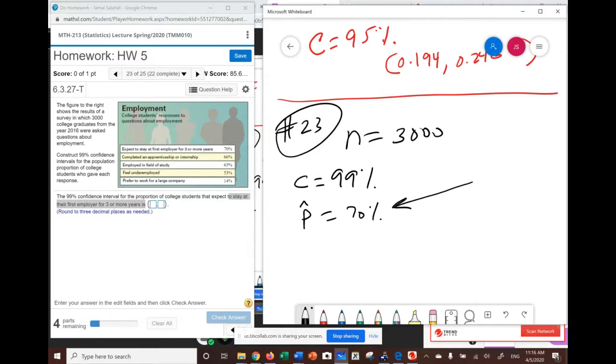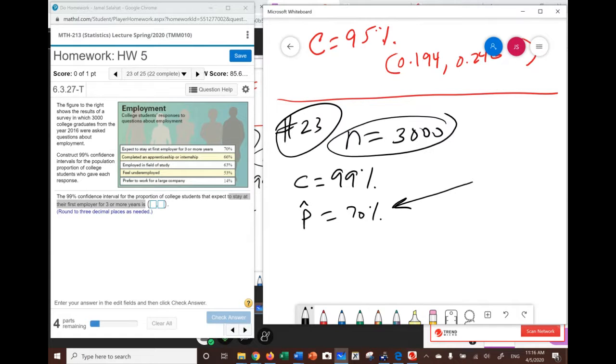So before we do anything, we know that we have to count. N is given, so I don't have to worry about N. Now what I need to worry about in here is X. Is X given here? It's not. So therefore I have to find it. So X is always P hat times N. In this problem P hat is 0.7 and N is 3,000.